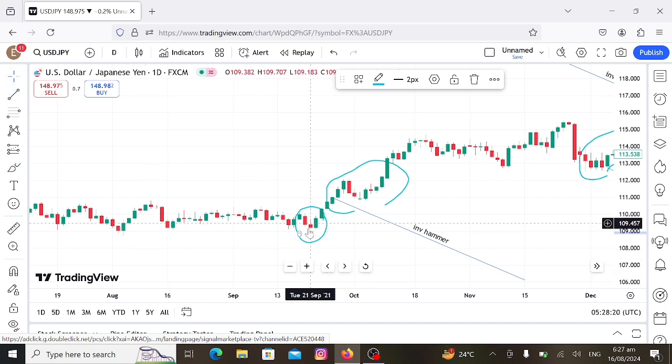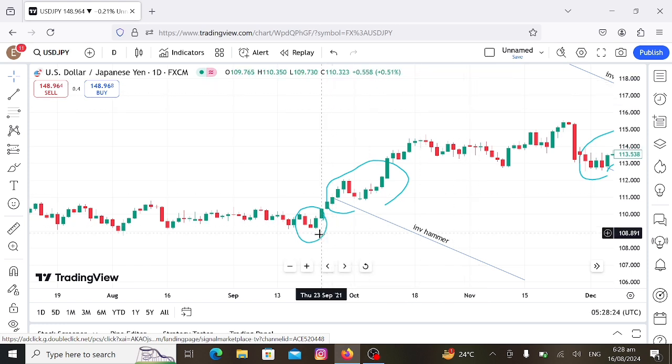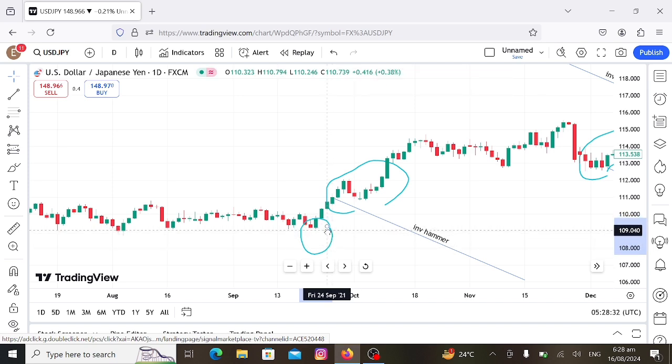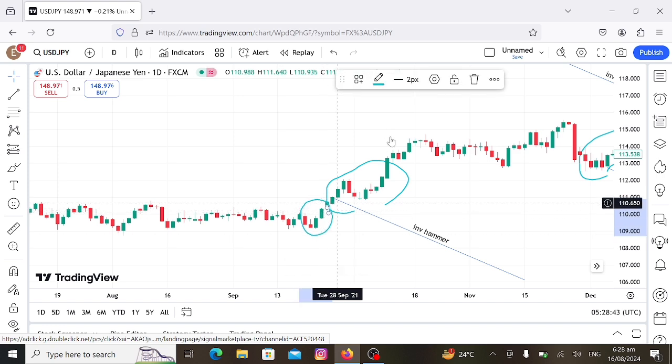This is an engulfing. These two guys here. This is where an engulfing starts from. A bearish, then straight up.